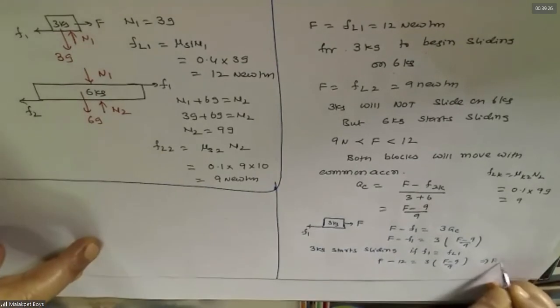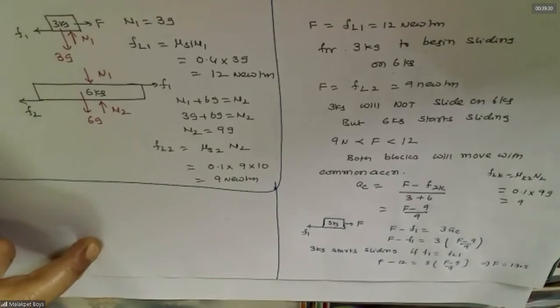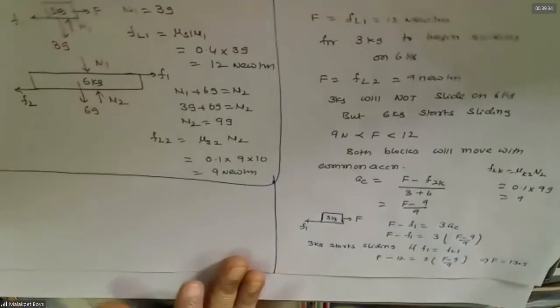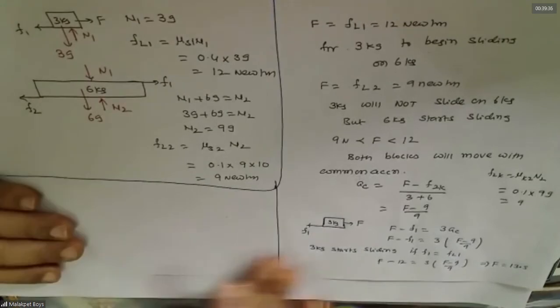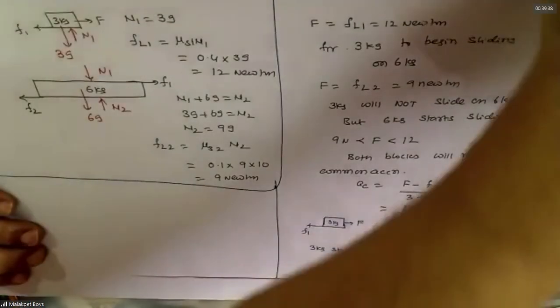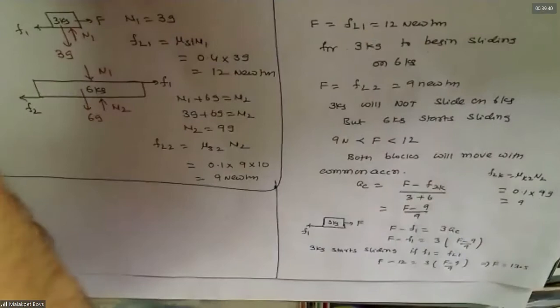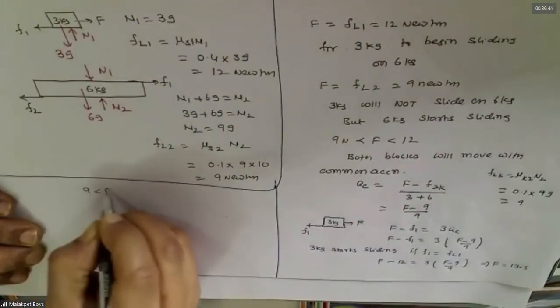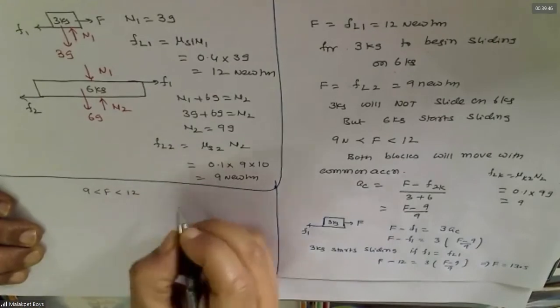Clear? Yes, sir. Followed this or not? Followed, sir. So I can conclude that between 9 and 12 newtons, both blocks move together.